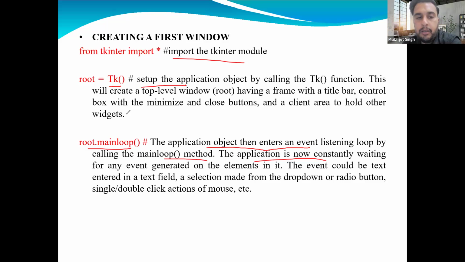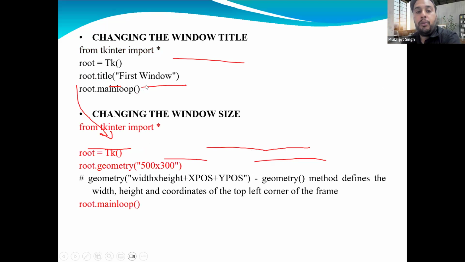So by going into this main loop, my application object is going to enter an event listening loop by calling this method. It is constantly waiting for any event generated. So these are the steps that we need to follow in order to create a first window.